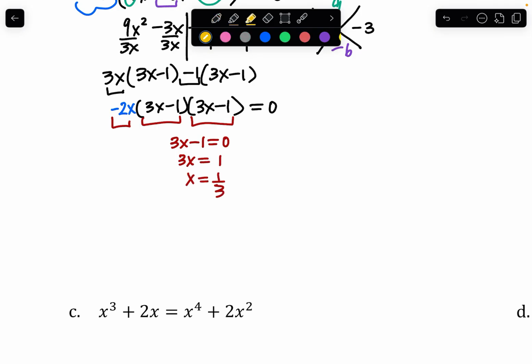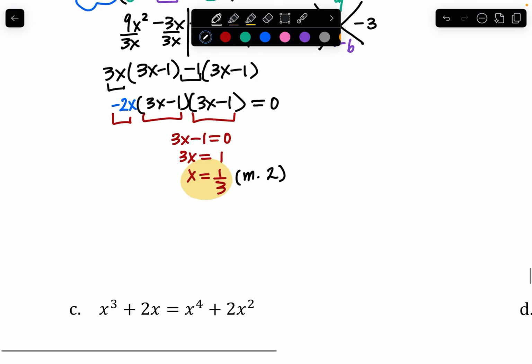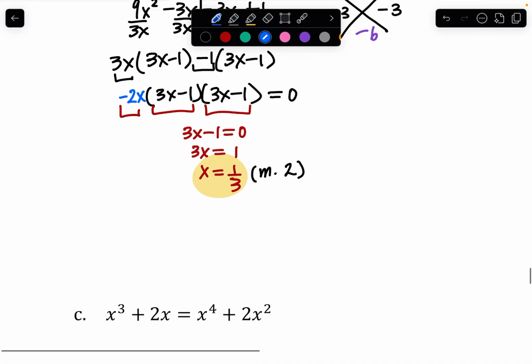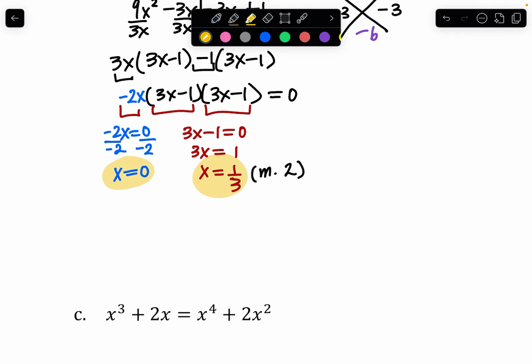So 1/3 is one of my solutions, and it has a multiplicity of 2 since that was repeated twice. So I just put M2 to signify that it has a multiplicity of 2. And then we also have to set the negative 2x equal to 0, which would just lead us to x equals 0 as our third solution.